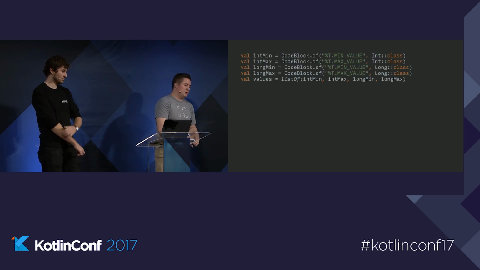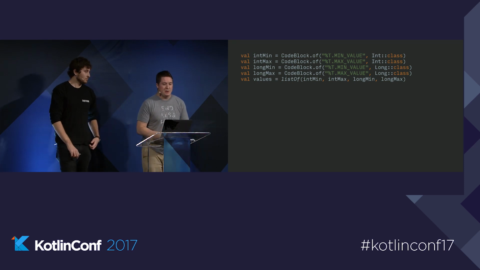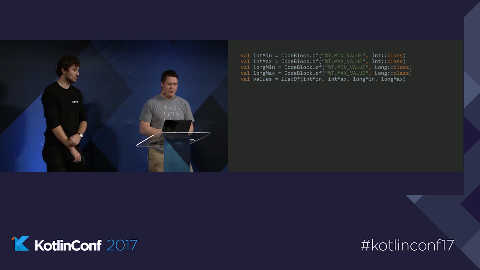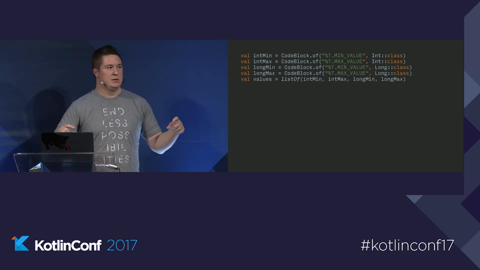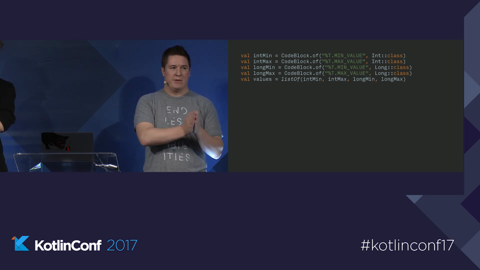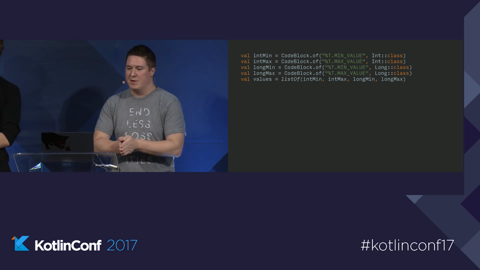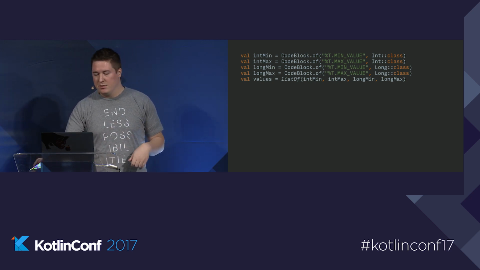These code blocks, again, don't have to represent something that is a full statement. It doesn't even have to be something that compiles. In this case, I'm just pulling some individual references and coalescing them into a list. And so you can think of this like maybe you're in an annotation processor iterating over the parameters of a method that's annotated and pulling them into individual code blocks, which you put in a list.